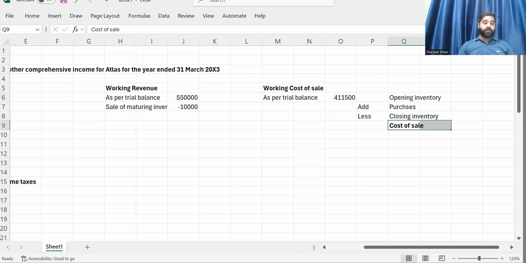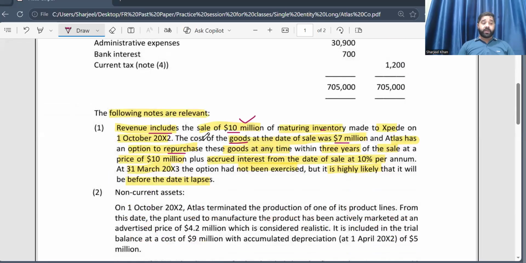Now, if you look into line number 2, as I already explained, the cost of goods which is sold is $7 million. It is a sale of maturing inventory which is used in a repurchase agreement. No control is transferred, no performance obligation is satisfied, revenue should not be recognized, and we already did the adjustment for that. Now, if Atlas recognizes the revenue, it's virtually certain that they remove these goods from the inventory as well.